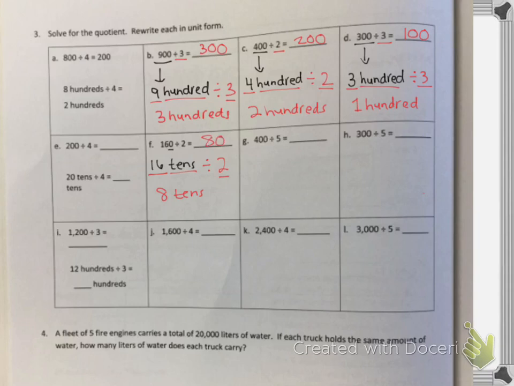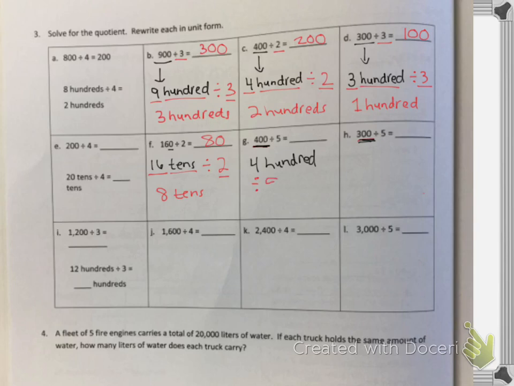Okay? So I'd like for you to do the rest on your own, where you're making these specific numbers into 40 tens, right? Or if you did this as 400, we couldn't divide evenly here, right? 400 divided by 5.